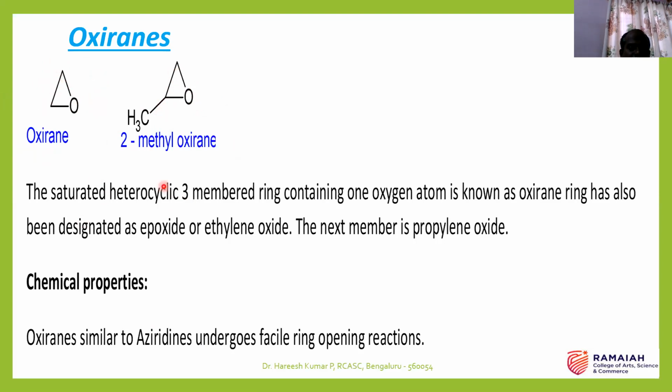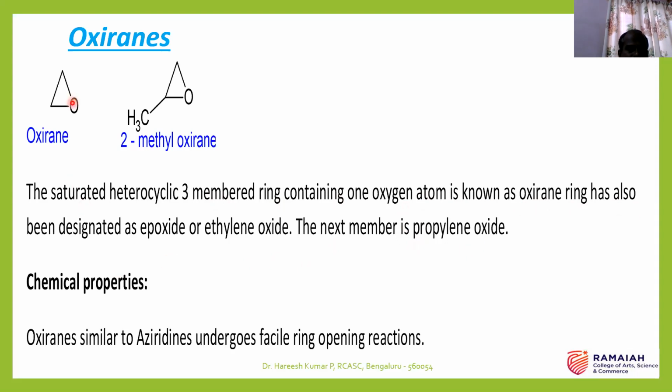That is the reason a saturated heterocyclic three-membered ring containing one oxygen atom is known as the oxirane ring, and has also been designated as epoxide, ethylene epoxide. The next member is propylene epoxide.